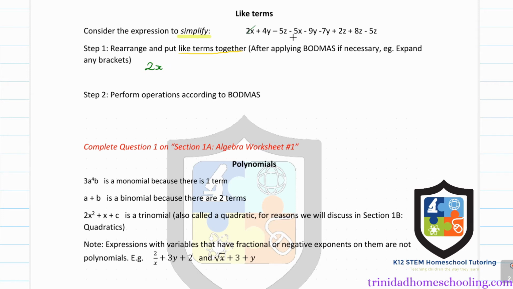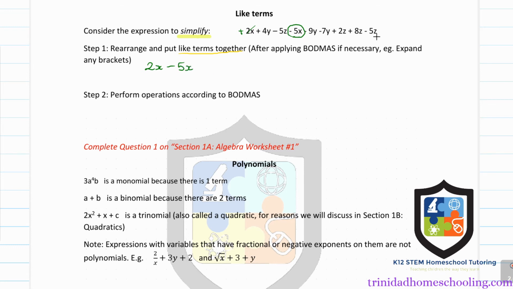Yes, we have 5x. But it's not just 5x, it's minus 5x. The sign or the operation in front of the term goes with that term. The 2x, a positive operation, can be assumed there. The 5x is negative 5x or minus 5x.